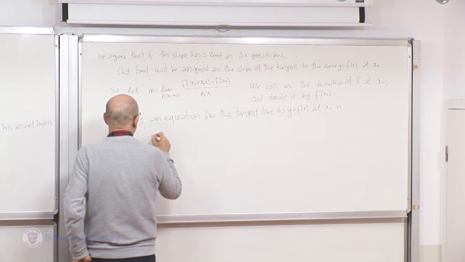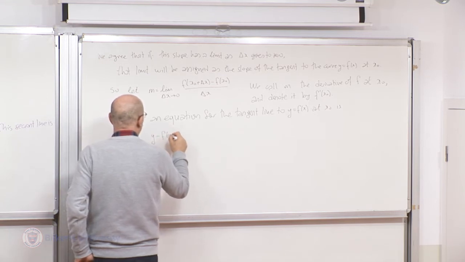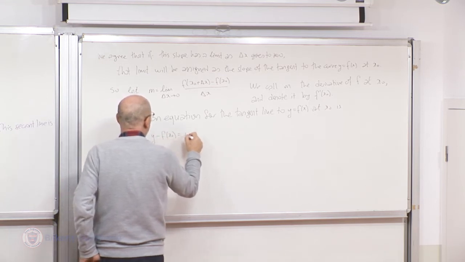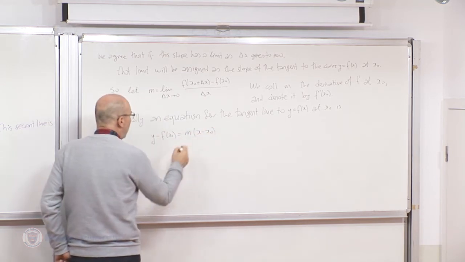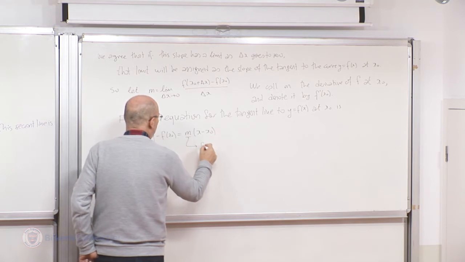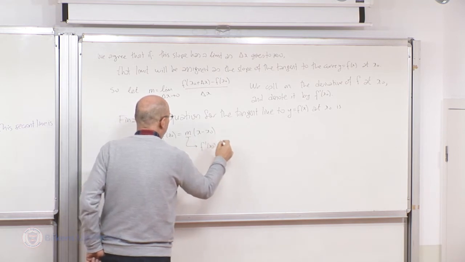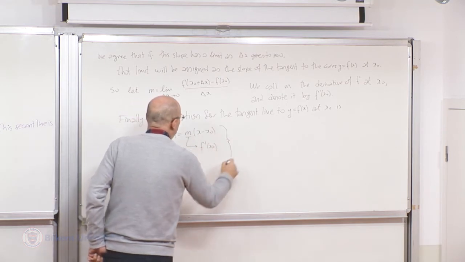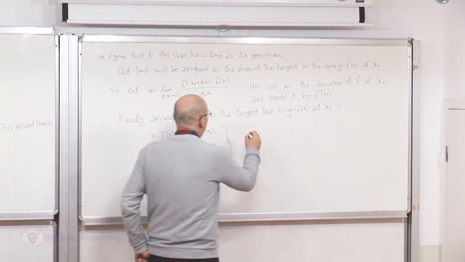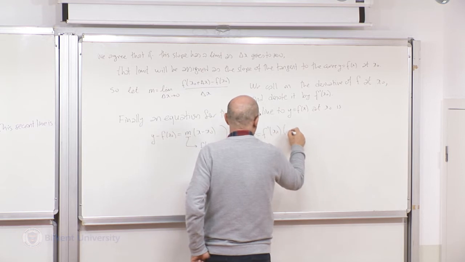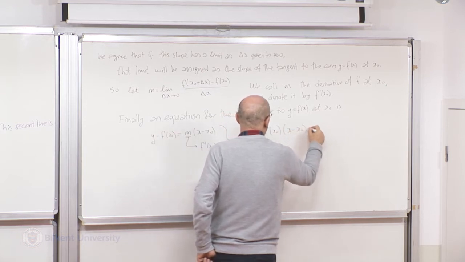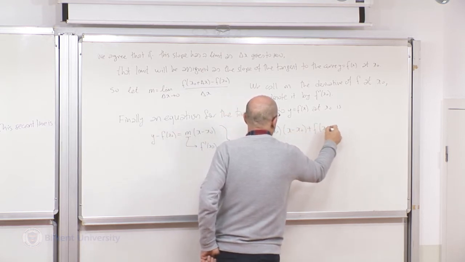So it is y minus f of x sub 0 equals slope times x minus x sub 0. But this slope is equal to f prime of x sub 0. So in shortcut, we write y equals f prime of x sub 0 times x minus x sub 0 plus f of x sub 0.